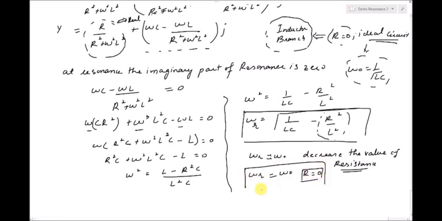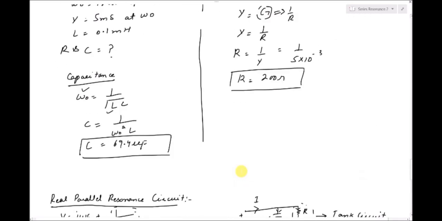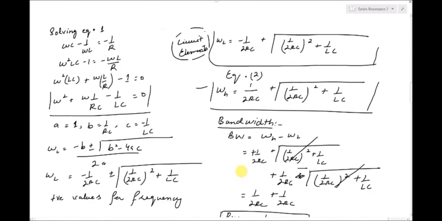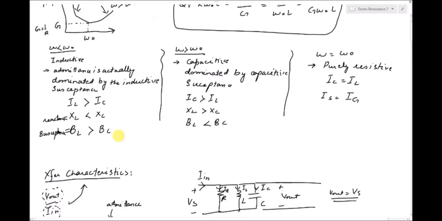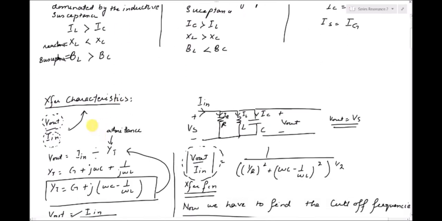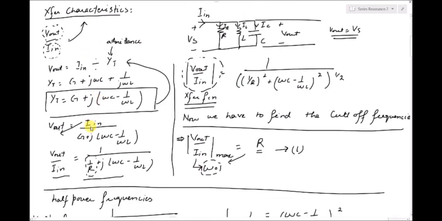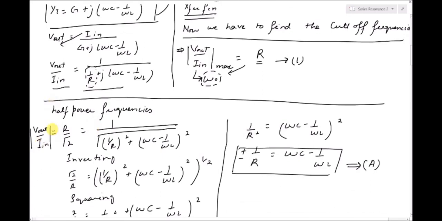So this was the resonant frequency formula for the realistic parallel resonance circuit. And this was the last topic of this lecture. So in this lecture, what we have studied, we started from the brief introduction of what we have done in the last lecture. We started from the transfer characteristic. We derived the formula for the transfer characteristic.